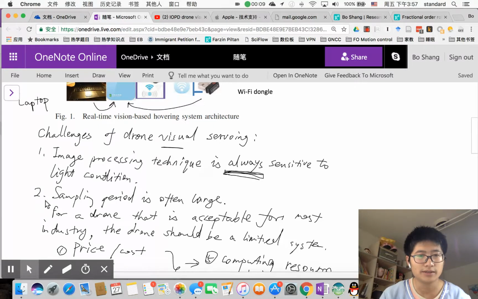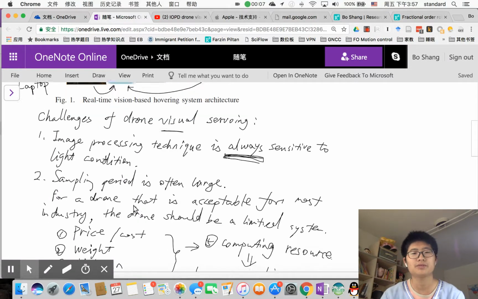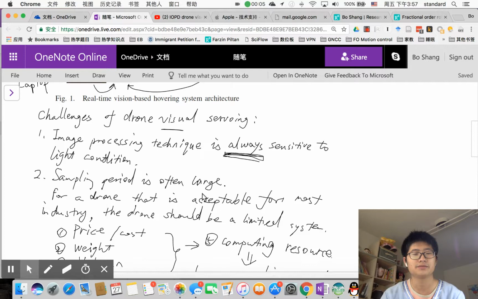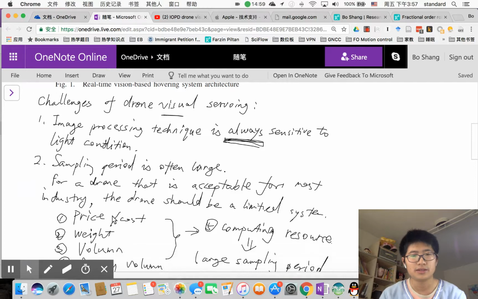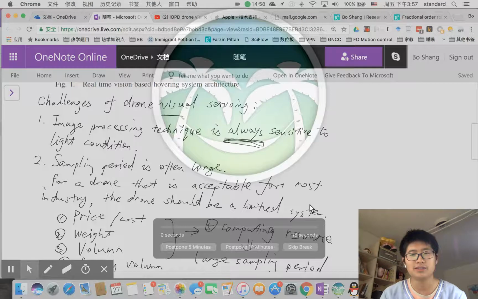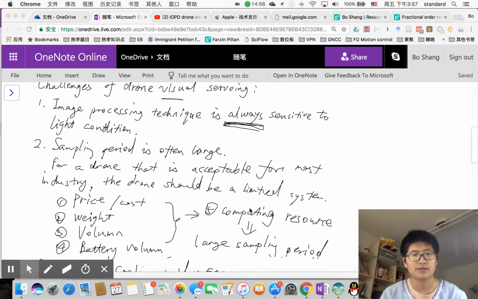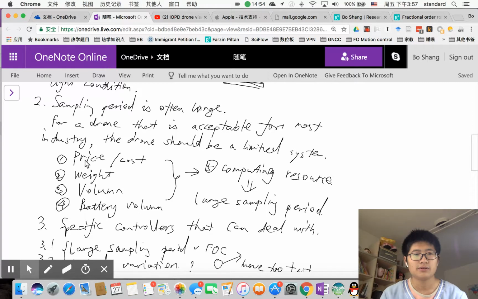And the second one is sampling period. The sampling period is often large. For a drone that is acceptable for most industry, the drone should be a limited system. That means the price should be limited, the weight, the volume. The drone cannot be too large, and the battery volume.